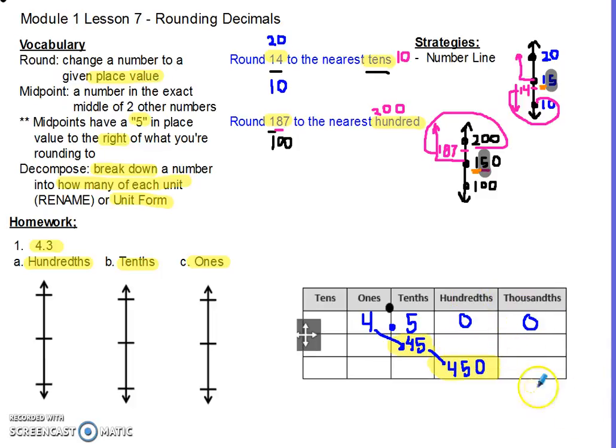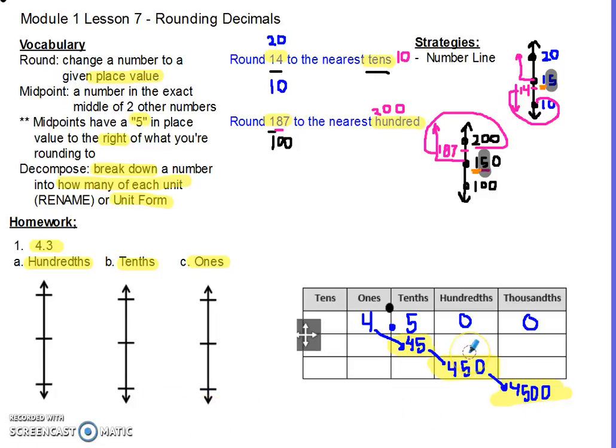And then taking it even further into that thousandths, I can just bring that whole number over here, 450, and then I bring that 0 down, and it's all because of bundling and unbundling.